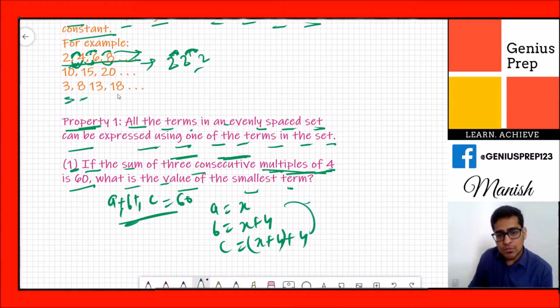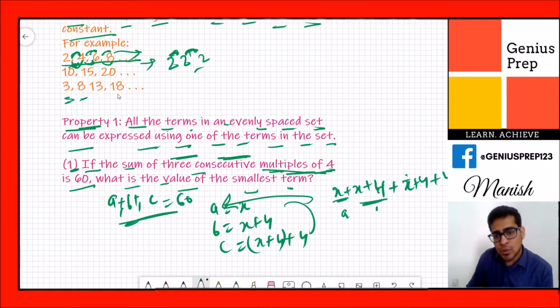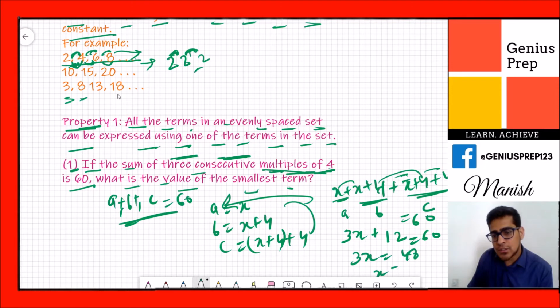We put these values in the equation. We get X plus X plus 4 plus X plus 4 plus 4, where this is A, this is B, this is C, equal to 60. Now solve this: we have three X's, so 3X plus 12 is equal to 60, 3X is equal to 60 minus 12, which is 48, and X is equal to 16.